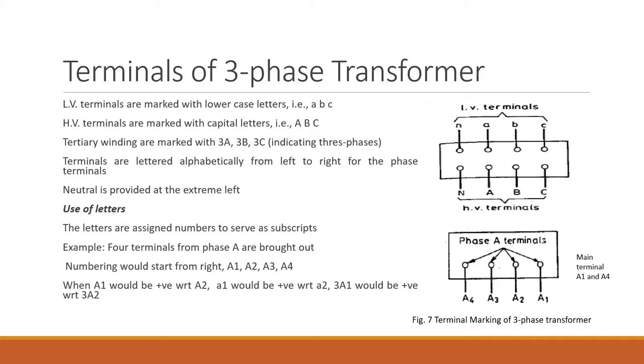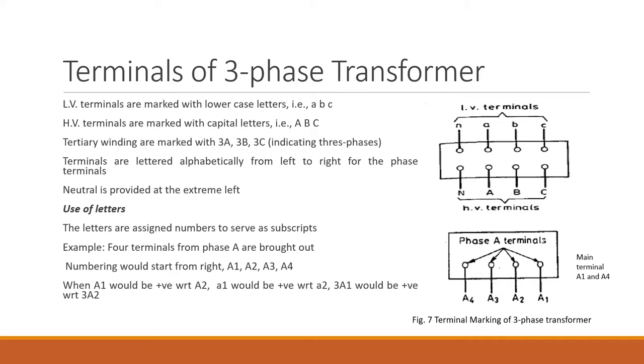Terminals are lettered alphabetically from left to right. It means your neutral will be on the extreme left, then your first winding, first phase, will be A, then B, C and N. You can see the example shown here.